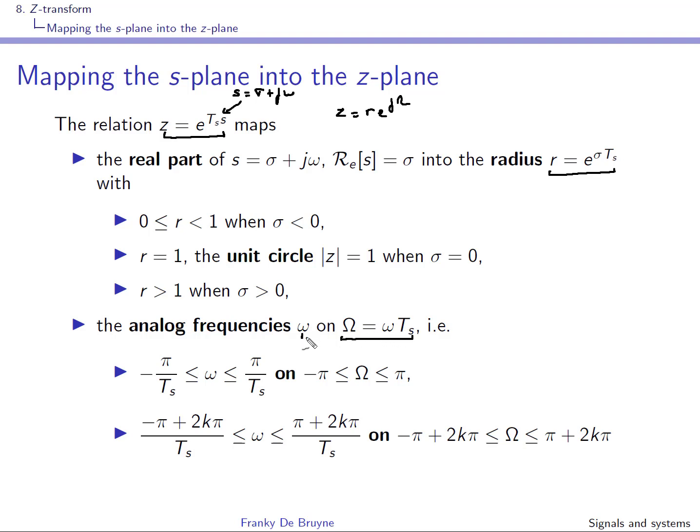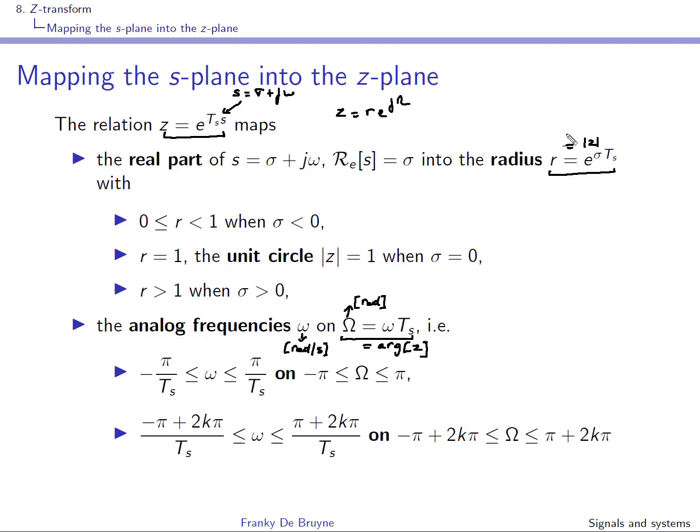The analog omega has units radians per second, so the discrete frequency has units radians per second times second. See also that r is equal to the modulus of z, and that omega is equal to the argument of z.